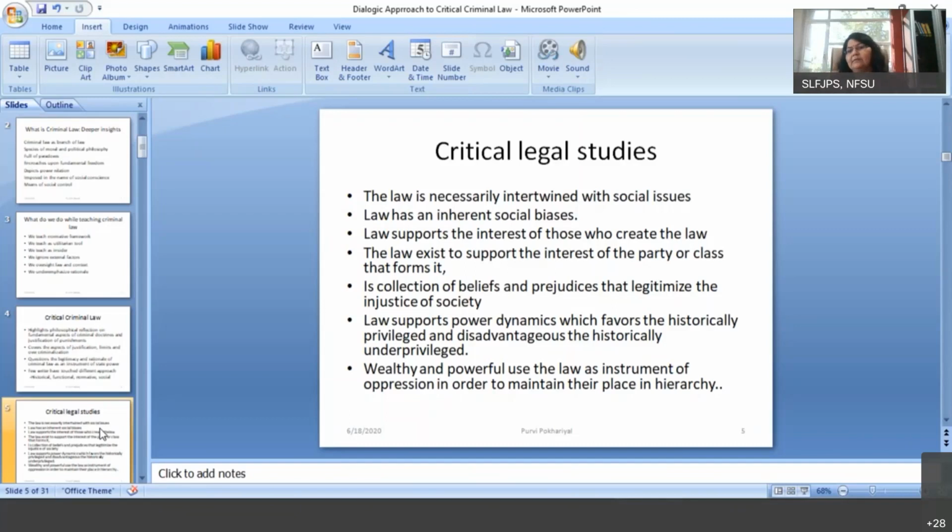So basically, law is being made, law is being drafted, and legitimacy is being given to these rules and regulations just to support and protect the interest of those who are creating this law. That's the reason there is a hypothesis that law always exists to support the interest of the party or the class that forms the law.